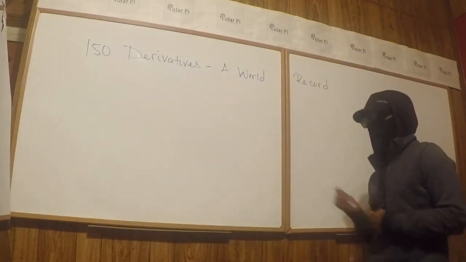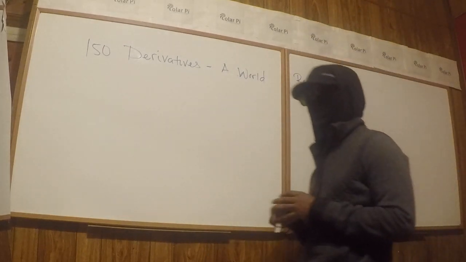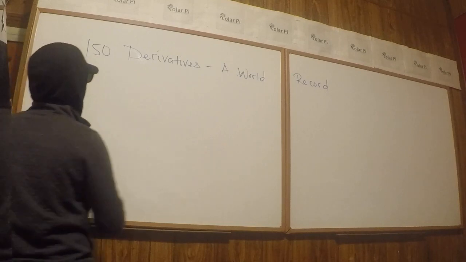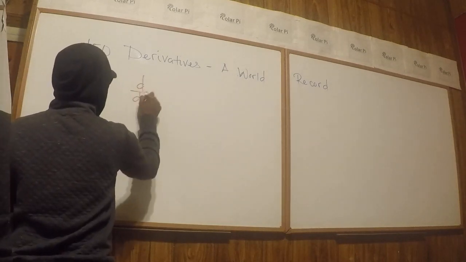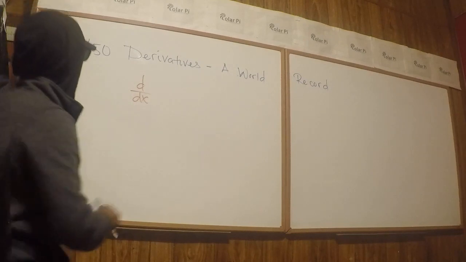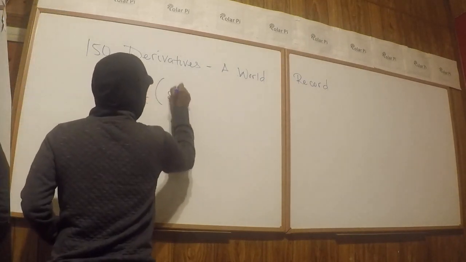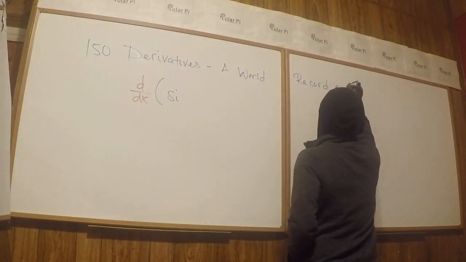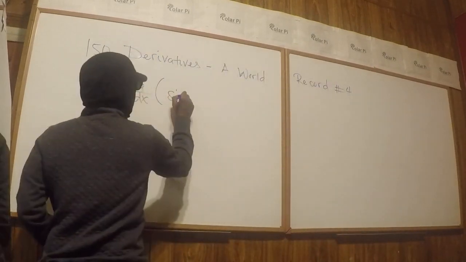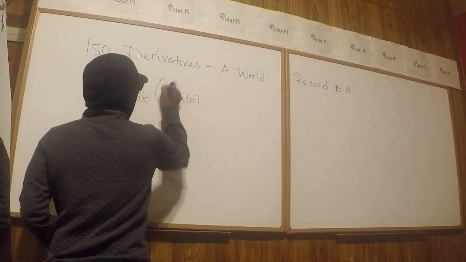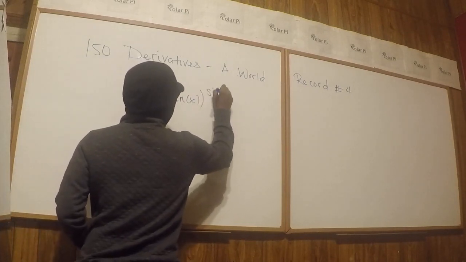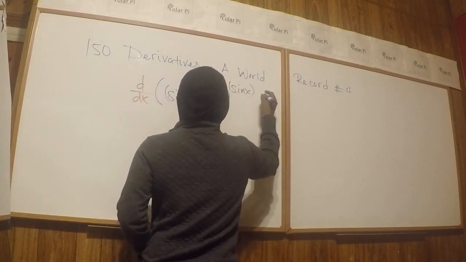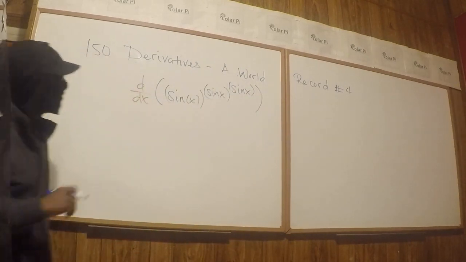Alright, so we want to take the derivative of this. I don't know about color coding, but it's like d/dx of sine x to the power sine x to the power sine x. So this is number 4.